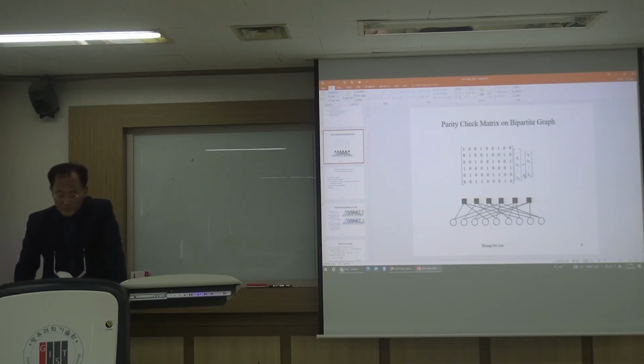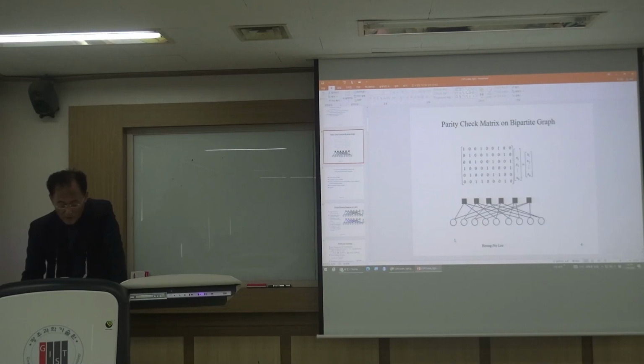If this is a code word, this has to be 0, right? Then all you have to do is design a probabilistic decoding algorithm so that the first equation has to be equal to 0, the second equation has to be equal to 0, and so on and so on.